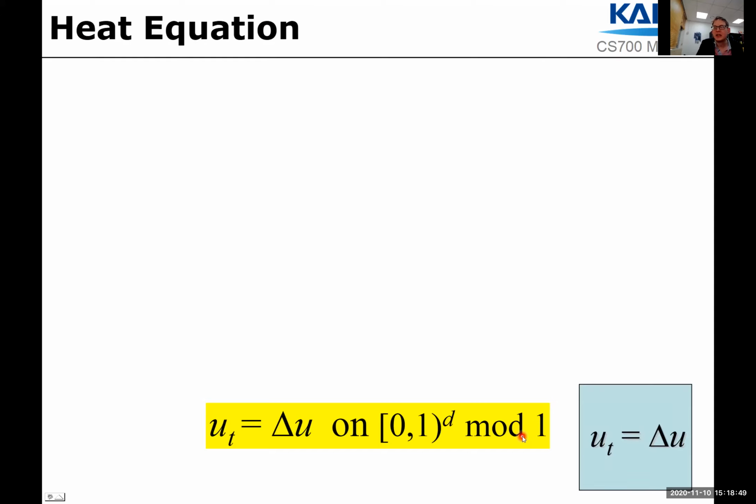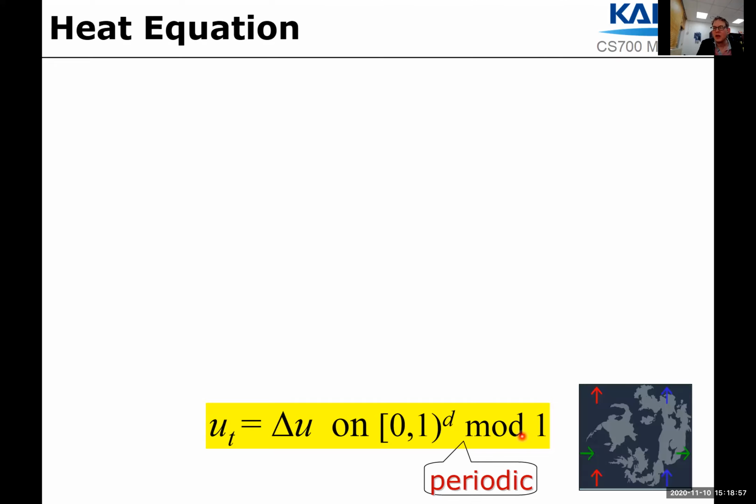So here's, let's say, the unit cube in dimension 2, which is a square. And periodic means that if we leave the square towards the top, then we re-emerge from the bottom. And if we leave the square to the right, then we re-emerge from the left, and vice versa.